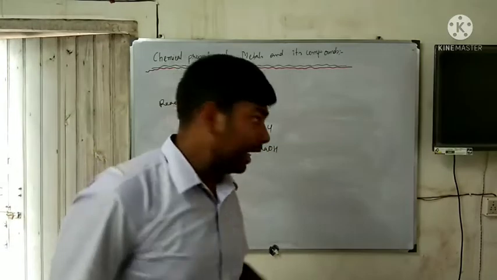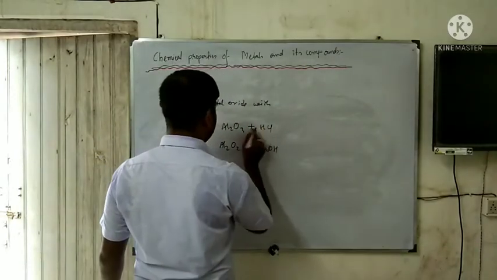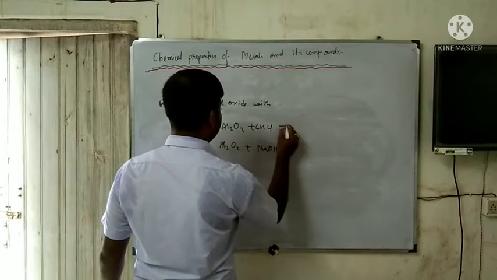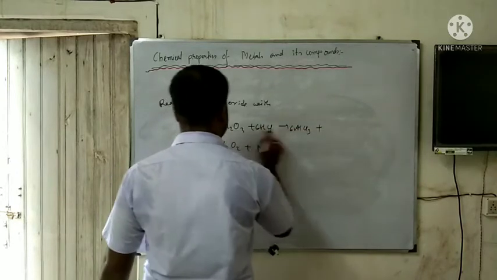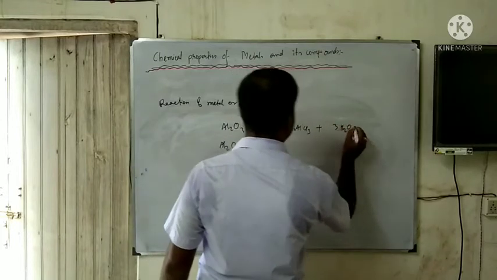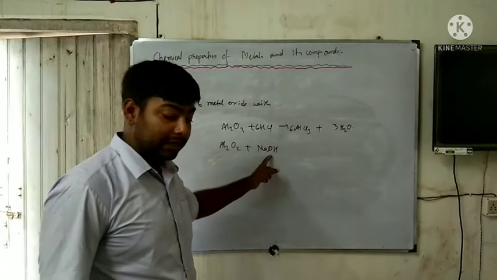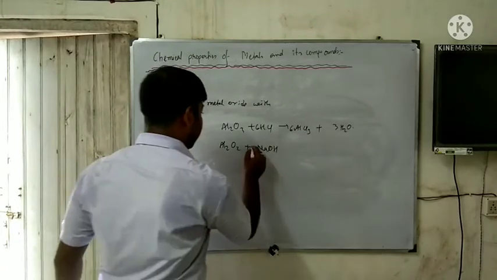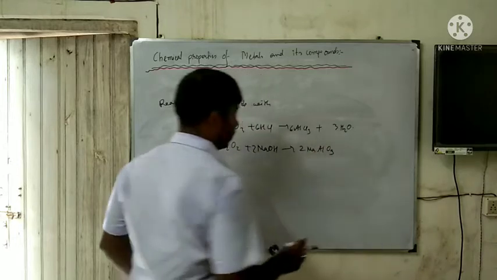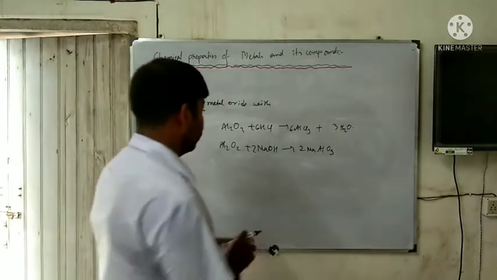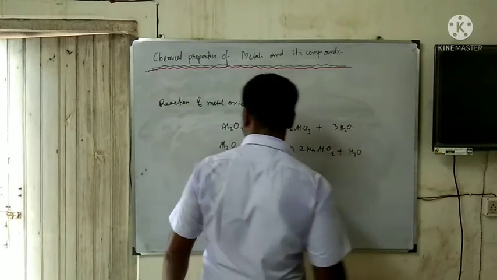When it reacts with hydrochloric acid, it produces 2AlCl3 plus 3 water. When it reacts with sodium hydroxide, that means a base, it reacts like that, producing sodium aluminate plus water.